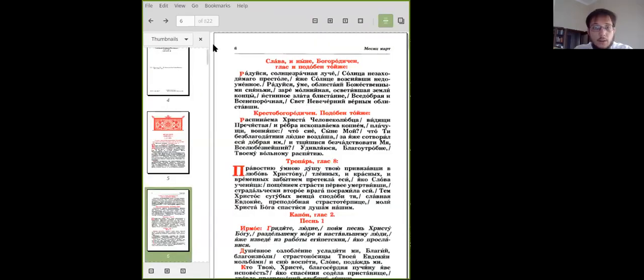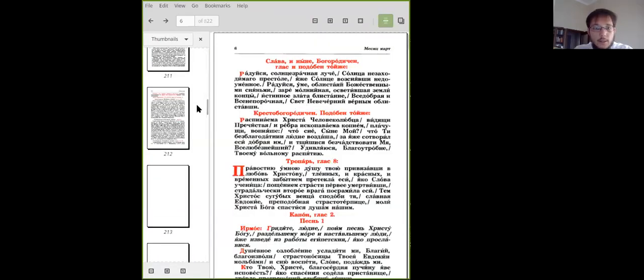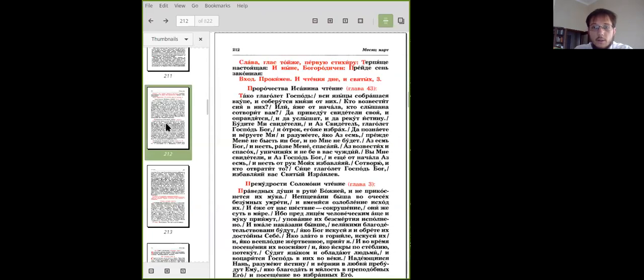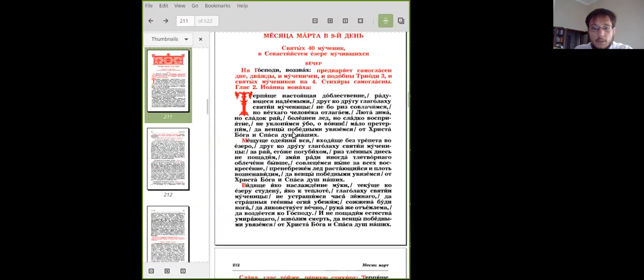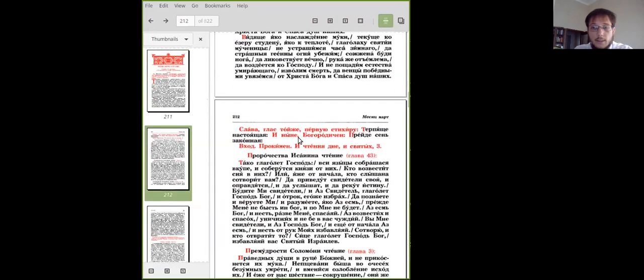So let's take a look at the Slavonic for a second here. This thing doesn't have bookmarks. Here it goes, the 9th, right? Okay, 40 Martyrs of Sebaste. So 1, 2, 3 stichira, doxasticon.